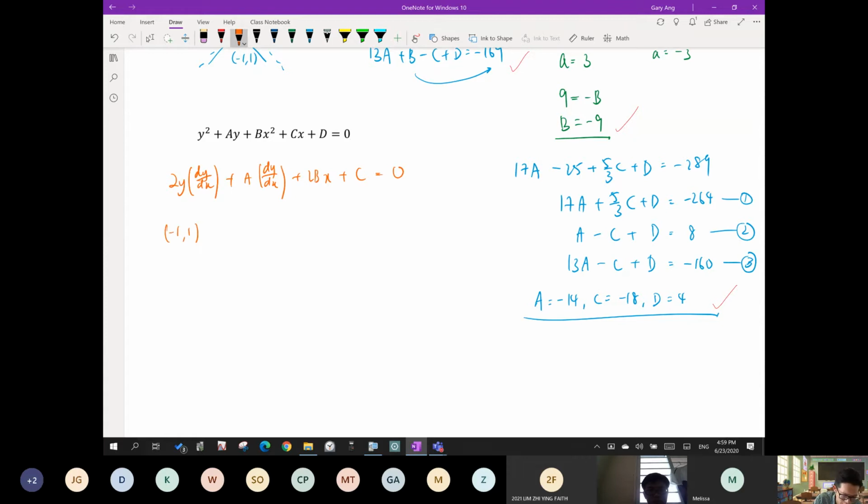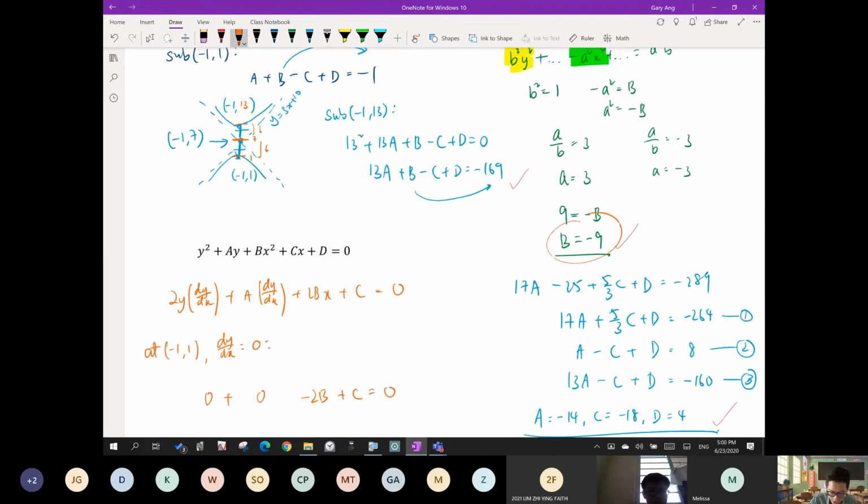So minus 1, 1, put inside. Anyway, you probably want to explain yourself better. dy/dx is equal to 0. So this will be 0 plus minus 2b. Okay, nobody writes like that. Plus c is equal to 0. So there you go.